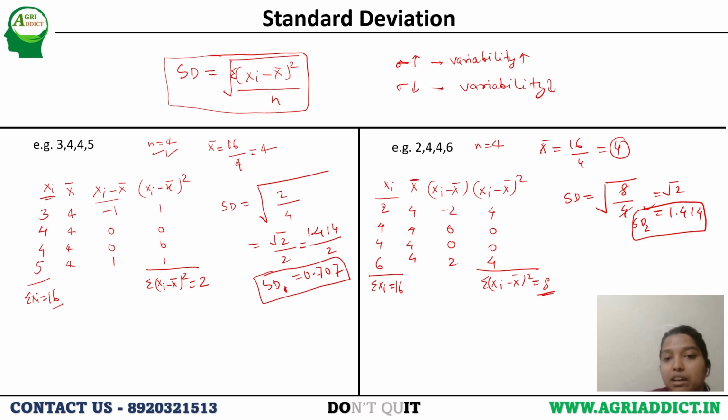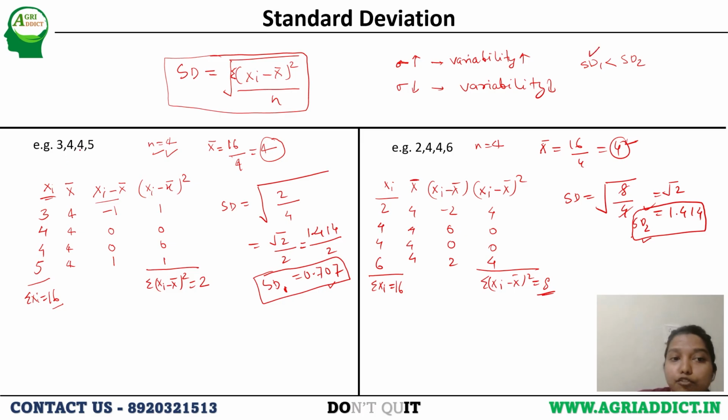This is the concept I wanted to tell you. That's why I kept two data sets. Here we have seen that the mean is 4 in this case and in this case also. The mean is the same, yet the standard deviation is different. In the first case, the standard deviation is less compared to here. It means SD1 is less than SD2. So in this case, the variability will be less.